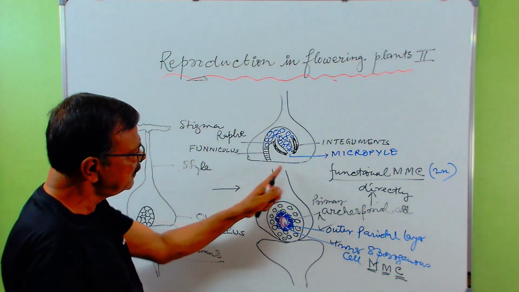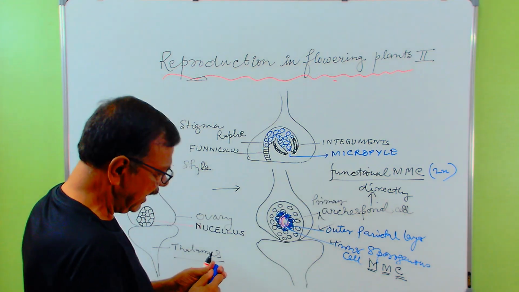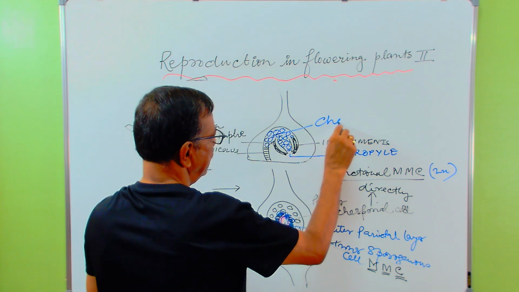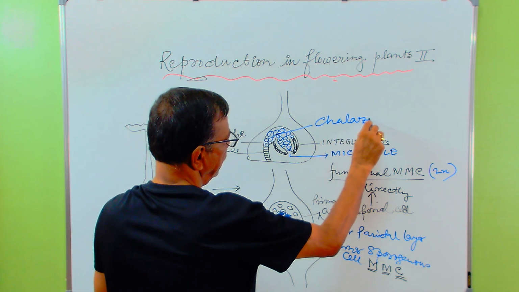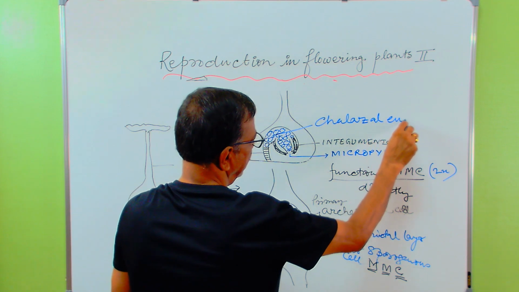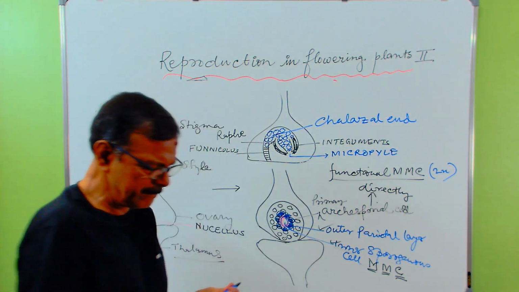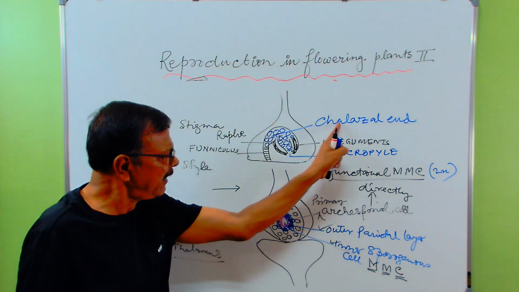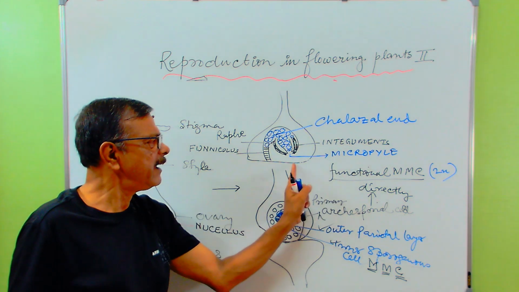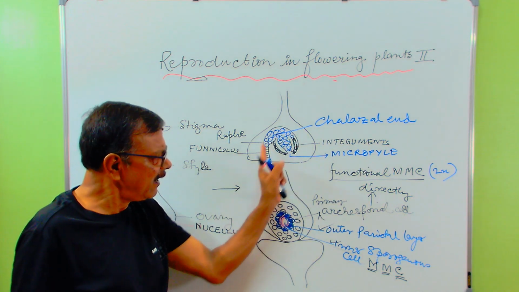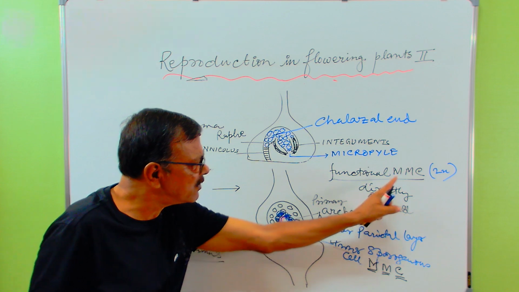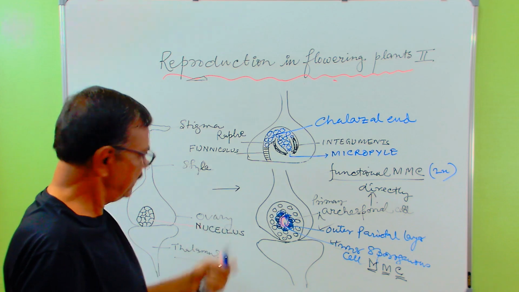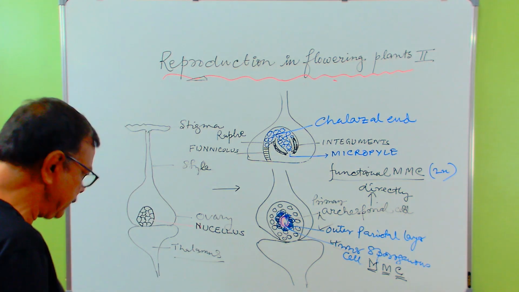Now, this is the micropylar end, and the opposite to this will be termed the chalazal end. The terminology: this is known as the chalazal end, this is known as the micropylar end. And inside there is the functional MMC. I am coming to that.